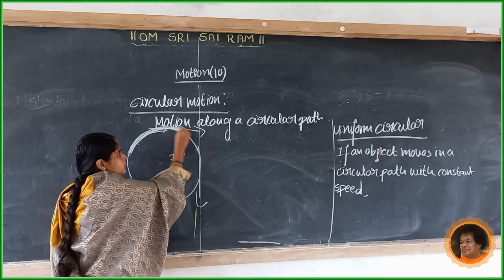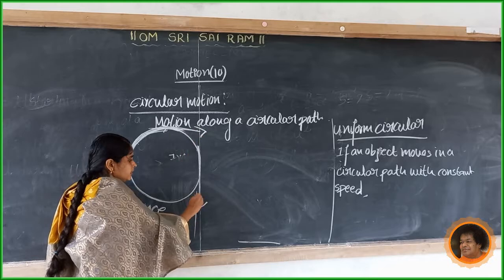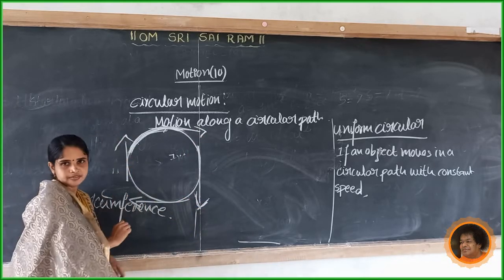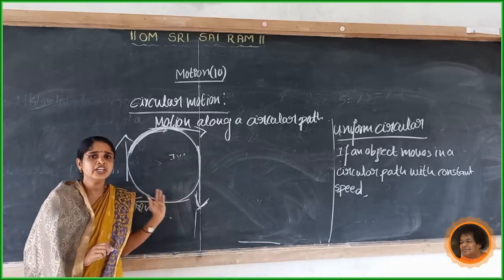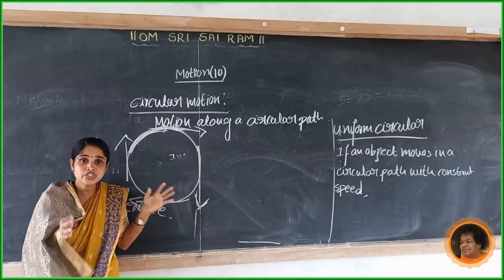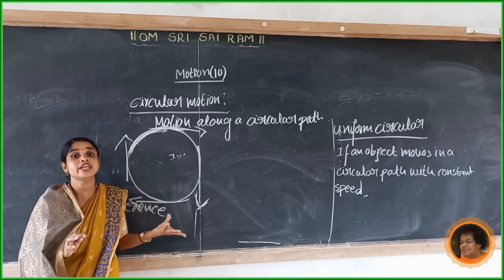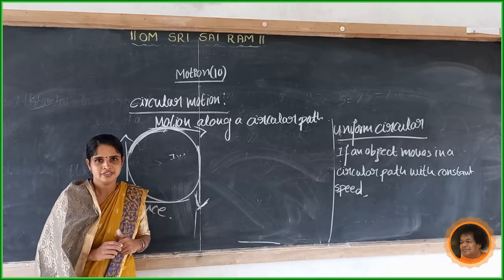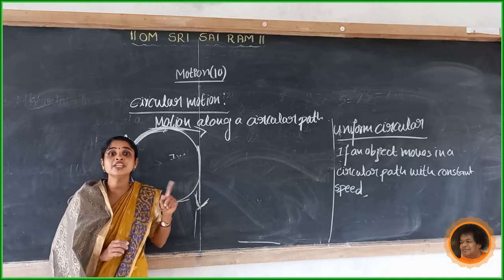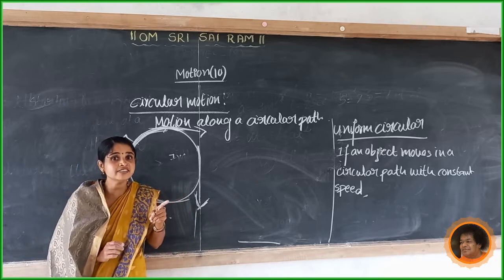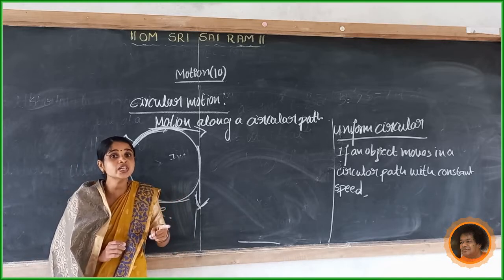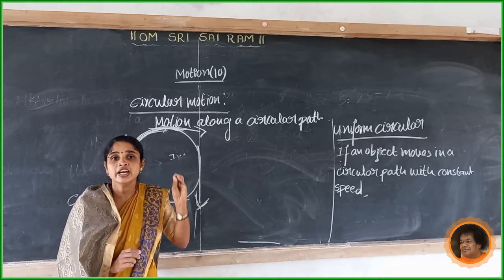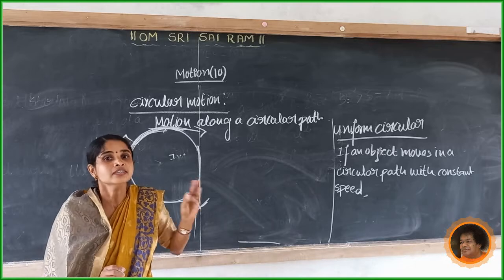Sometimes the direction of motion is like this, and sometimes like this, and like this. The direction of motion changes continuously. So velocity changes. Speed is constant, but velocity changes. Why does velocity change? The direction of motion changes continuously.